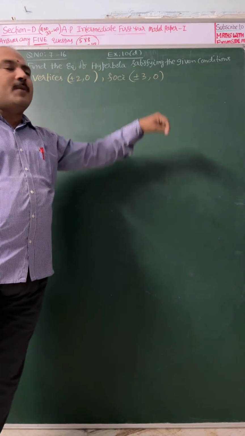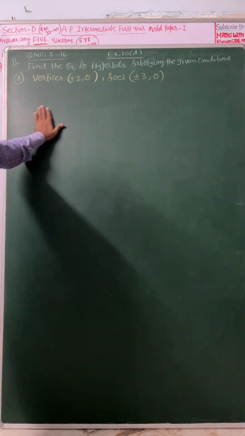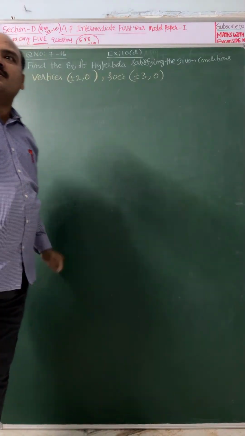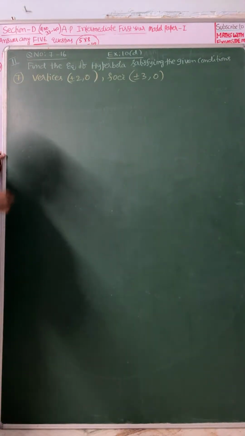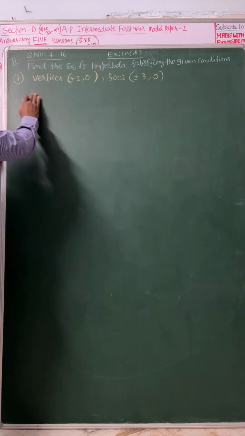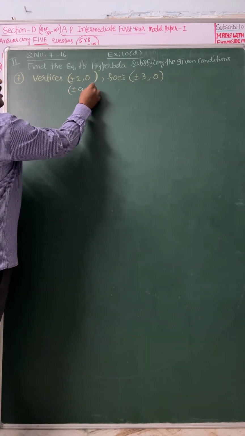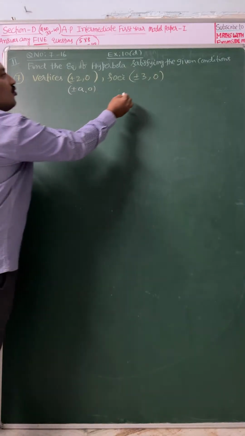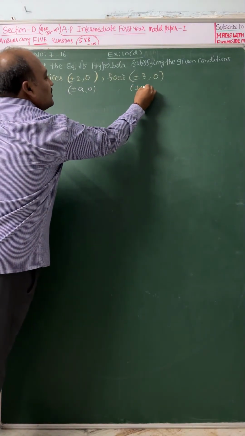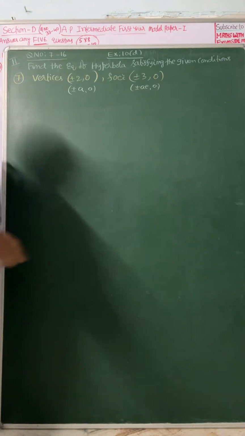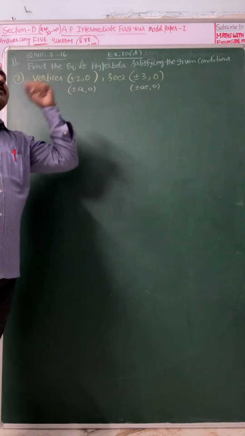Find the equation of hyperbola satisfying the given conditions. See how to do these types of problems. First, compare vertices with plus or minus a, comma 0, and foci with plus or minus a, comma 0. Why are we comparing with only plus or minus a, comma 0?